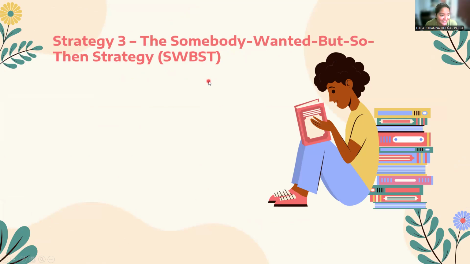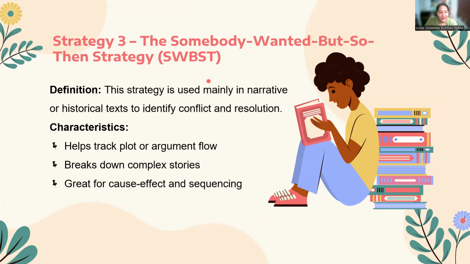What does this mean? This strategy supports students in identifying a plot structure, focusing on the most important parts of the story and writing concise summaries. Let's take a look at the definition one more time. This is a strategy used mainly in narrative or historical texts to identify conflicts and resolution.